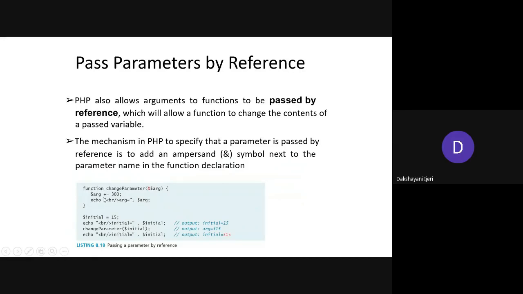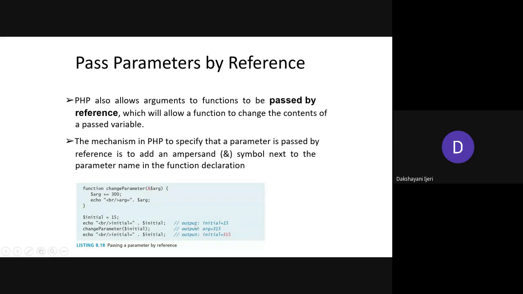Whatever operation you perform is going to be reflected back where you call the function. That means these two point to the same memory location, so the changes are reflected back to that memory location.